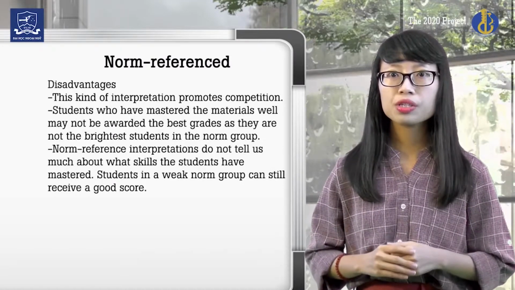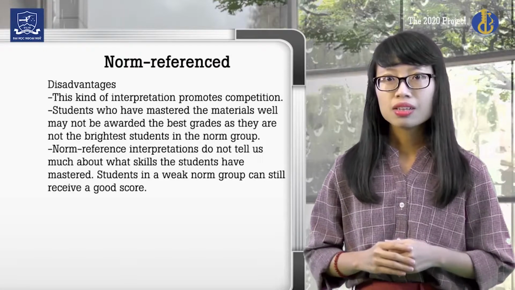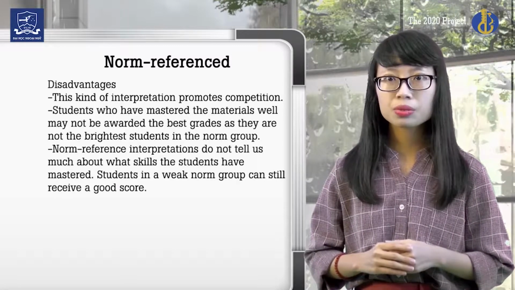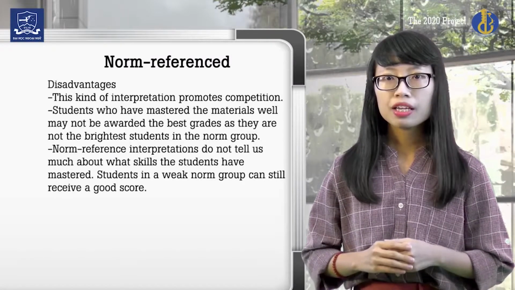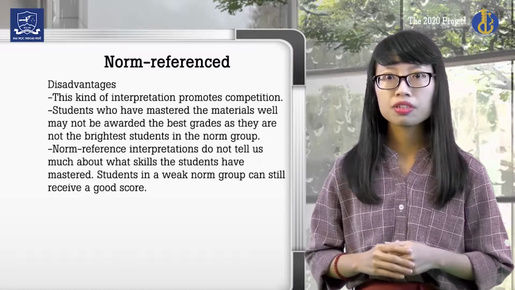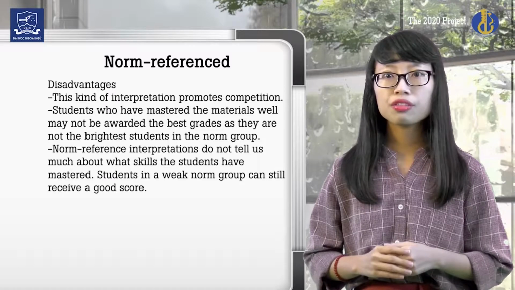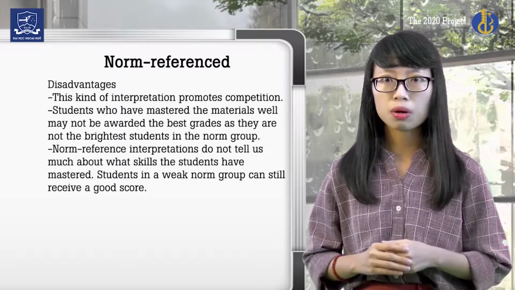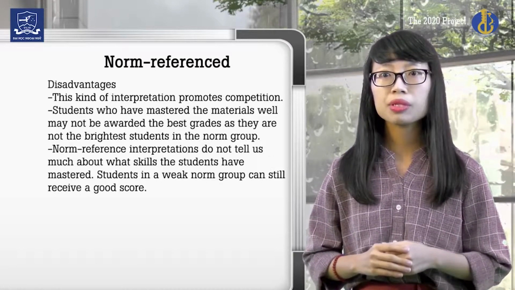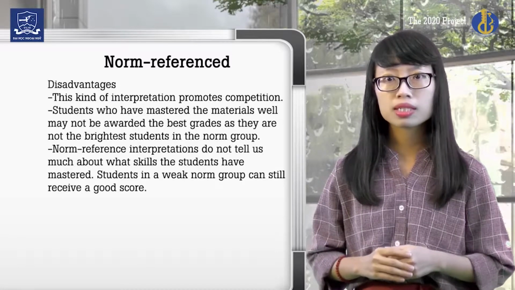The only thing you really know is that the student was the best student in the class. If the class consisted of only students with poor English skills, or if the teaching was not done well, then the student can be ranked first but still learn very little English.